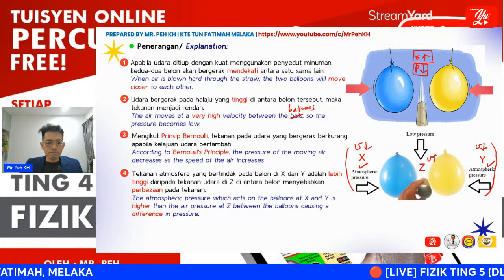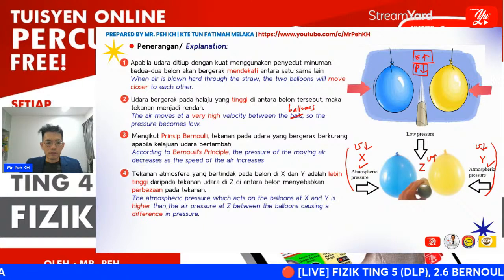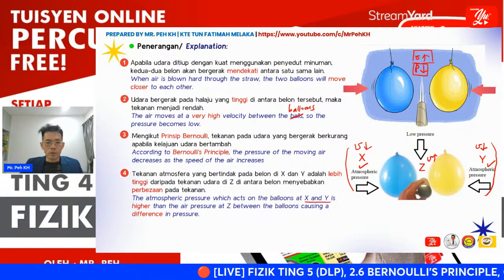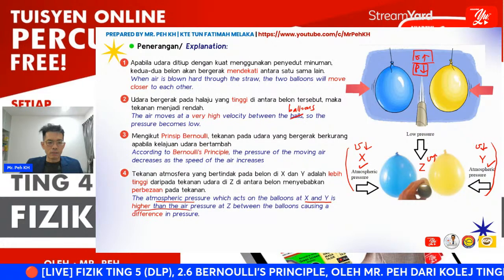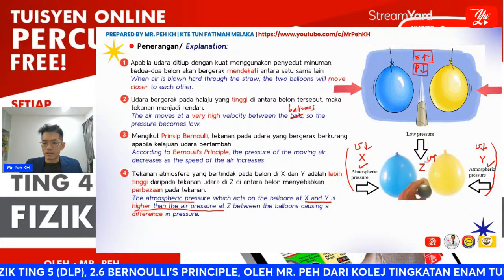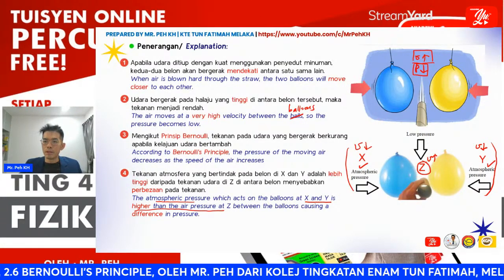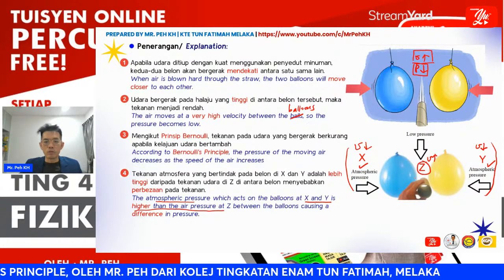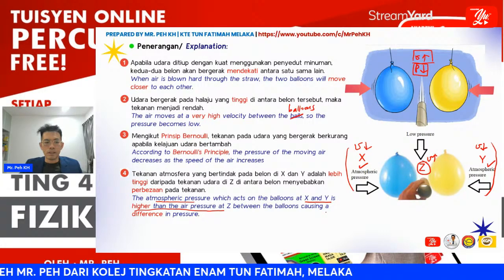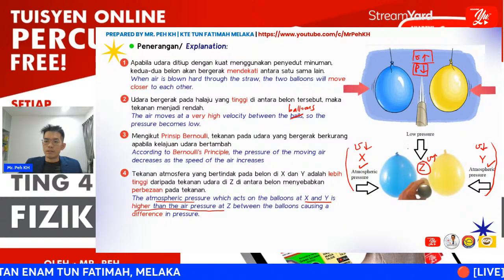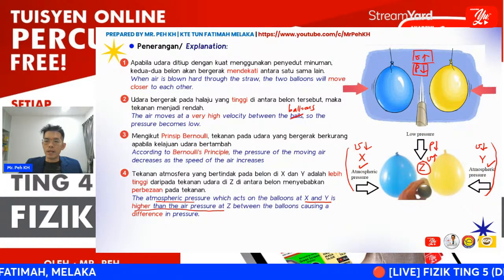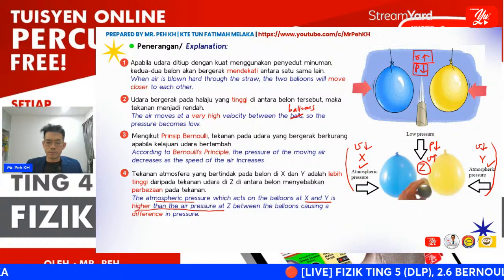So the atmospheric pressure at X and Y is greater than the pressure at Z, which is between the balloons, and this creates a difference in pressure. The center pressure will be lower compared to X and Y.